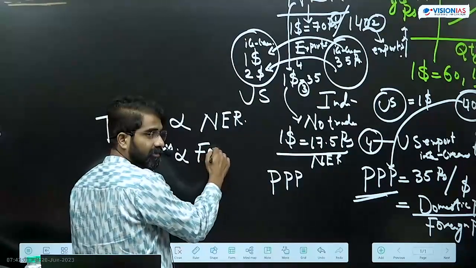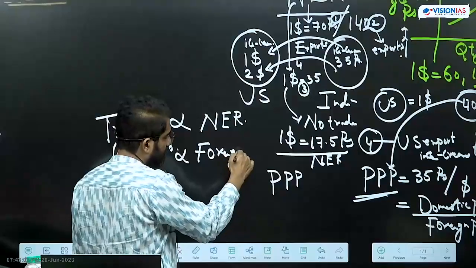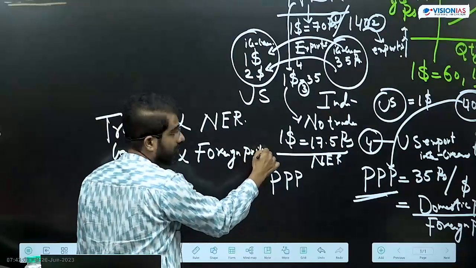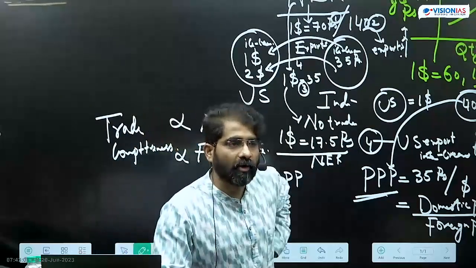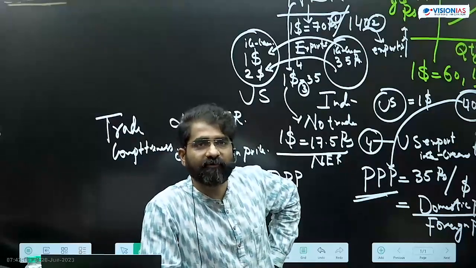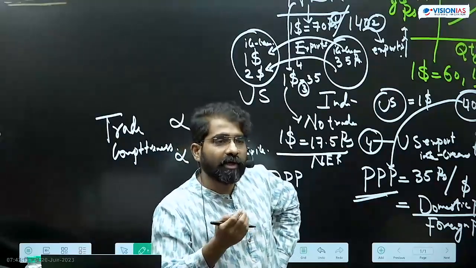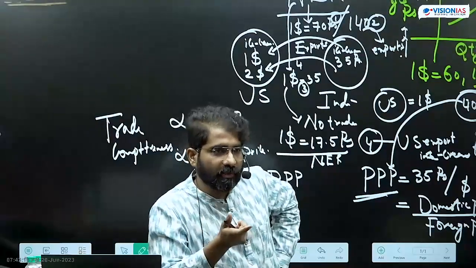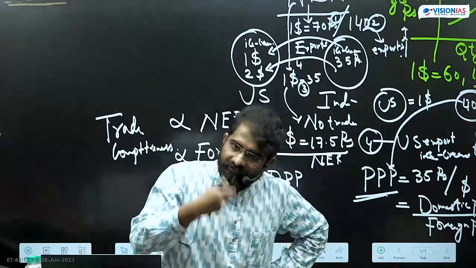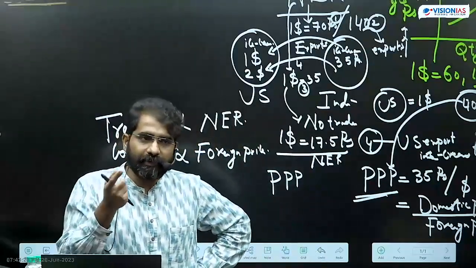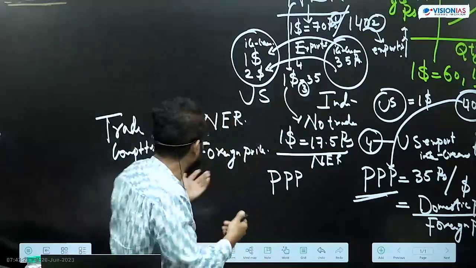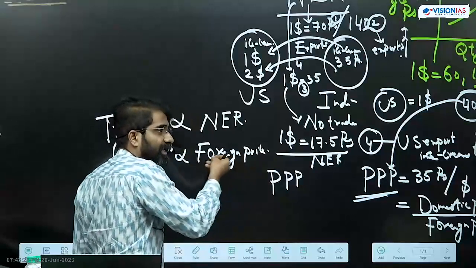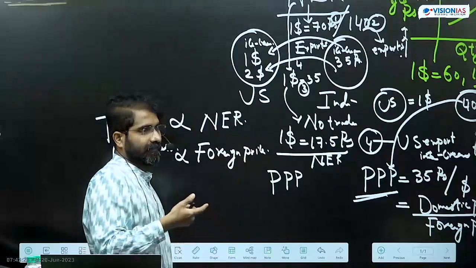Can I say this? Directly proportional means what? If the ice cream price is increasing from $1 to $2, there will be more exports from India. That is what I mean by trade competitiveness being directly proportional to foreign price.